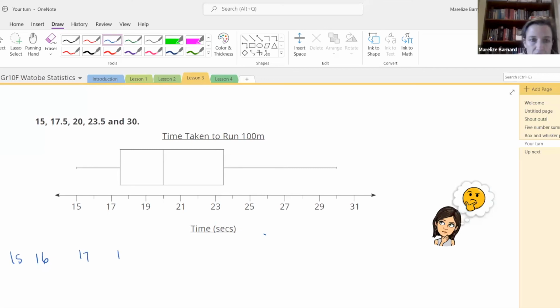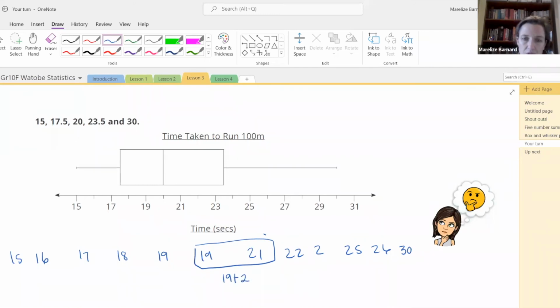You had to rearrange your data. 17, 18, 19, 19, 21, 22, 22, 25, 26 and 30. Now the middle two values are 19 and 21. So you add them together and divide them by 2. You basically average it out. So that gives you 20.